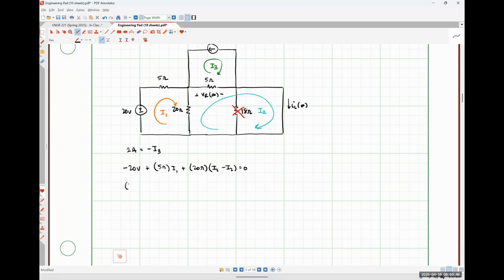And then lastly, we're going to have 20 ohms times I2 minus I1 plus 5 ohms times I2 minus I3 is equal to 0.